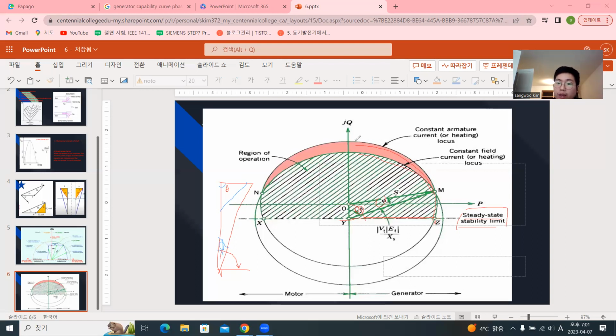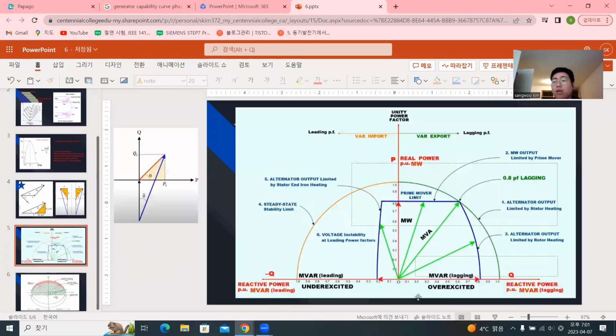Since we make a circle for both of them, the lengths are like this, and then like this, right? Like that. So it only covers this common part. You know what I mean? My drawing is not good right now. But what I mean is I wanted to show you guys how we draw this generator capability curve. You know what I mean? Generator curve. Capability.